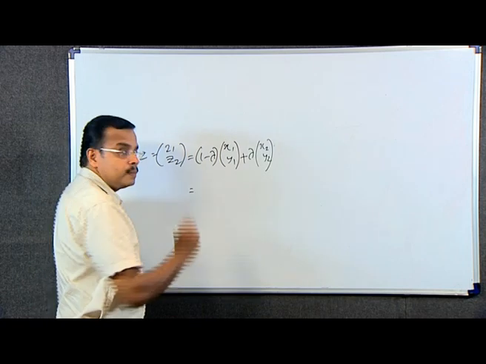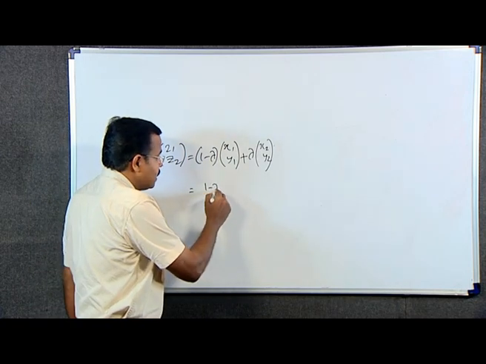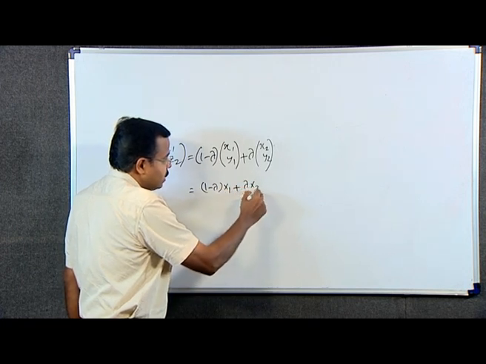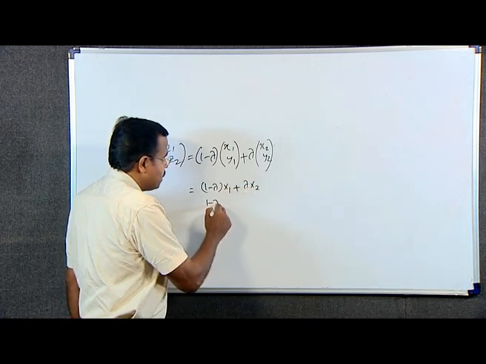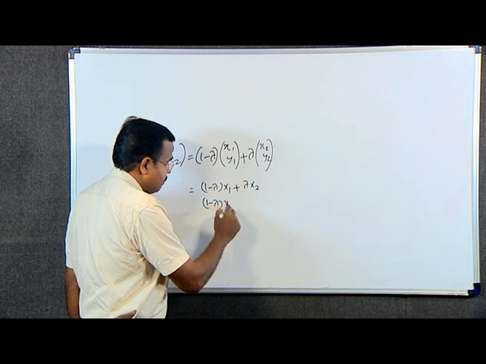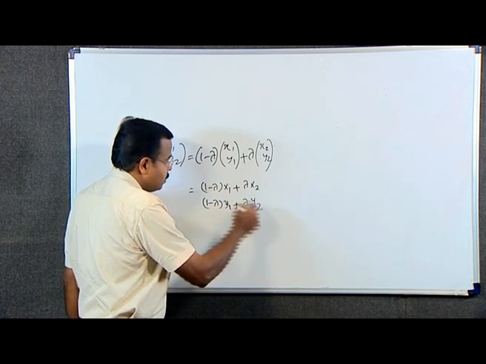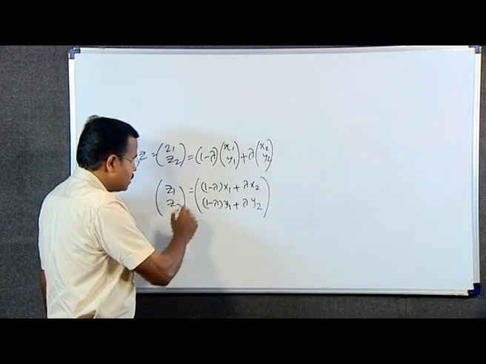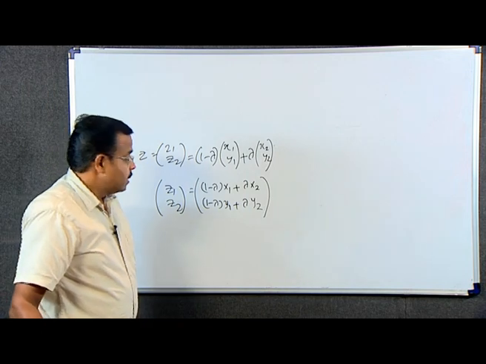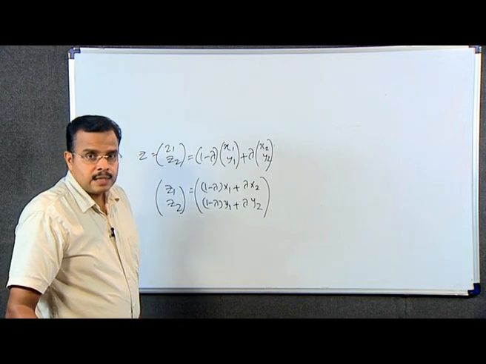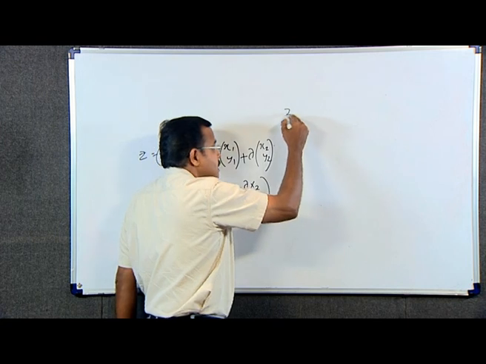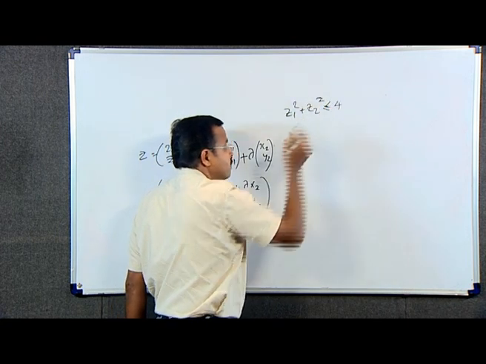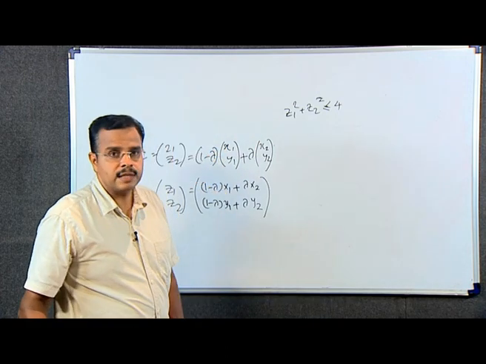That is equal to ((1 minus lambda) x1 plus lambda x2, (1 minus lambda) y1 plus lambda y2). This is (z1, z2). Now, z is an element of S when z1 square plus z2 square is less than or equal to 4.